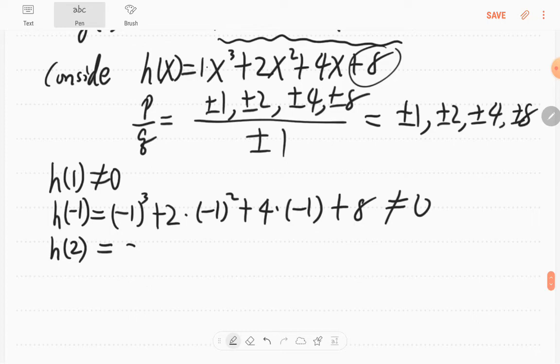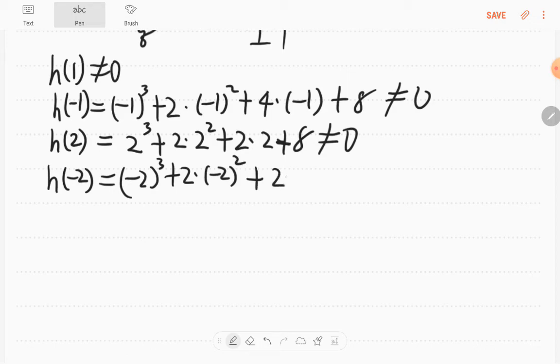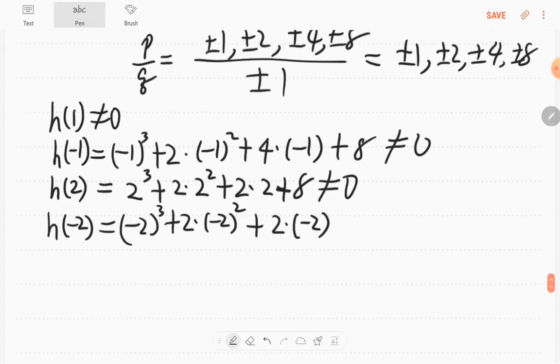2. So it's 2 cubed plus 2 times 2 squared plus 2 times 2 plus 8. Every term is positive, so it's not equal to 0 again. Let's try h of negative 2. So this is negative 2 cubed plus 2 times negative 2 squared plus 2 times negative 2, then plus 8.